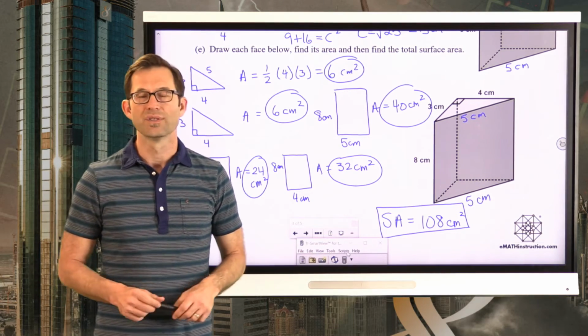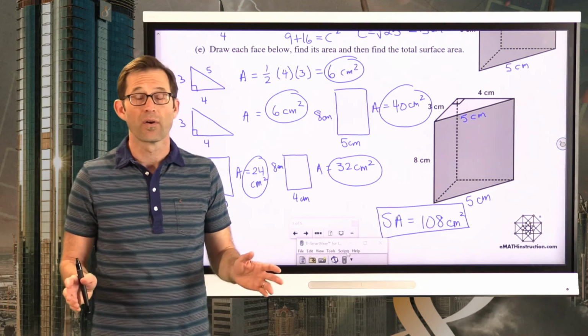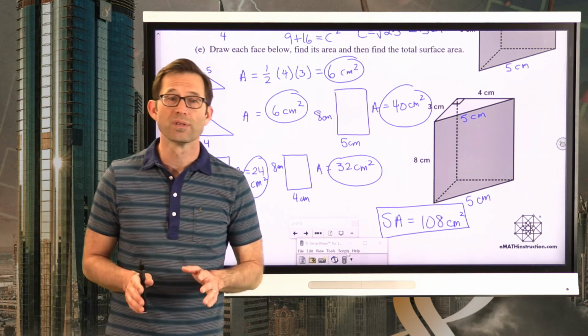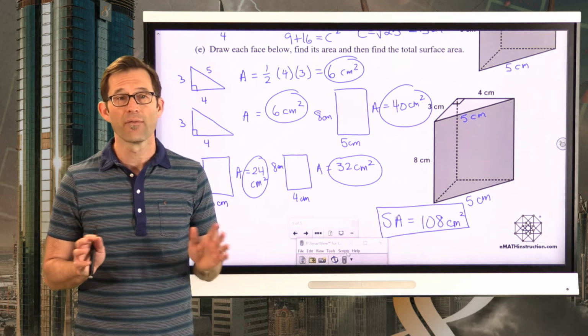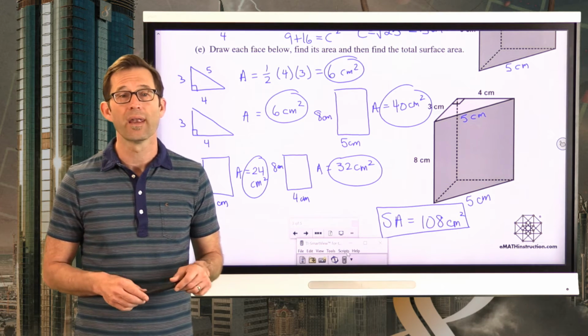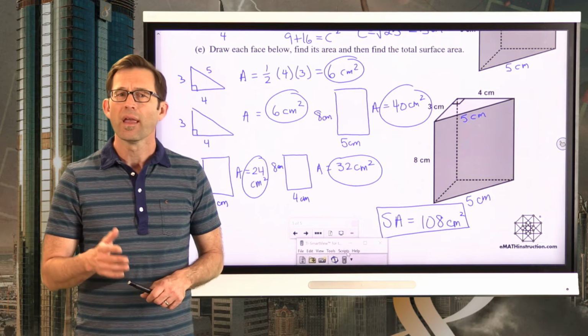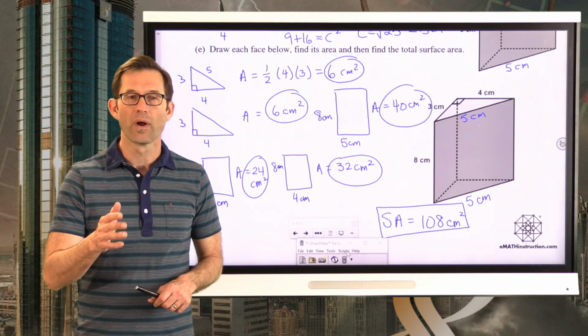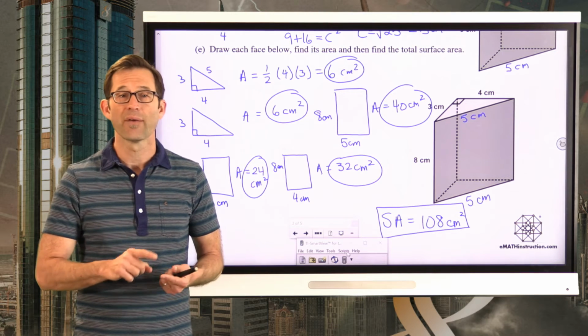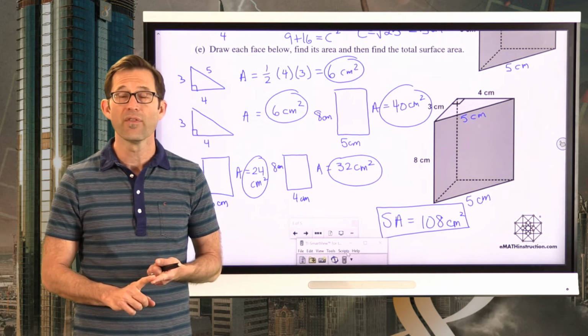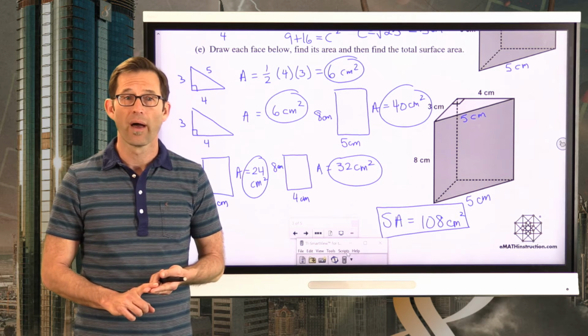Surface area calculations can be lengthy. Let's be honest about it, right? Because oftentimes prisms have multiple faces, and you got to find the area of every one of them. You got to be careful doing that, and then you've got to add them all up. It's interesting because comparatively, finding the volume of a solid is relatively easy. I have to find one area, i.e. the area of the base, and then I have to multiply it by the height.